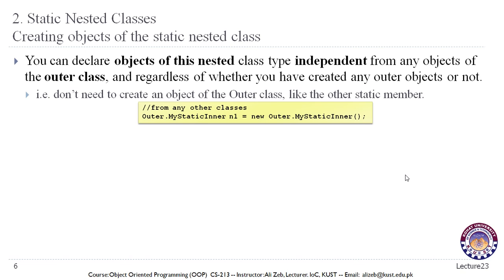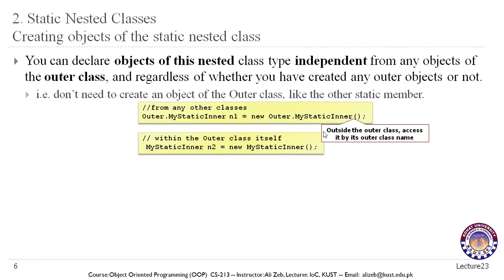So if you want to create an object outside of the class from any other class, we can create it. For example, this is our nested class and this is the outer class, so we can create an object for it using this syntax: the name of the outer class, the name of the nested class, the name of the object, and then we initialize the object for the nested class.